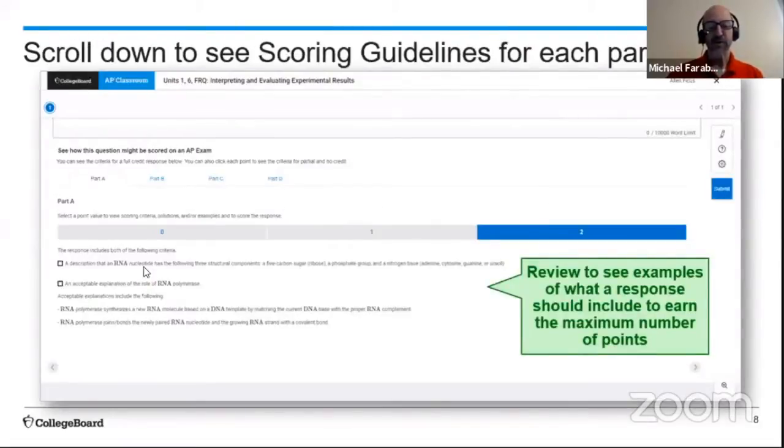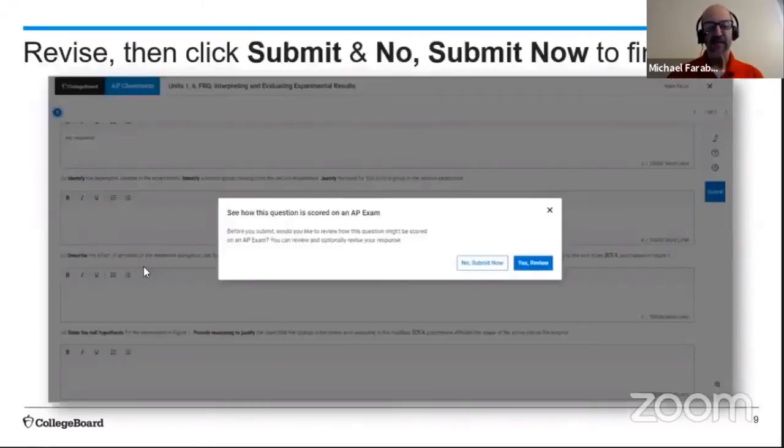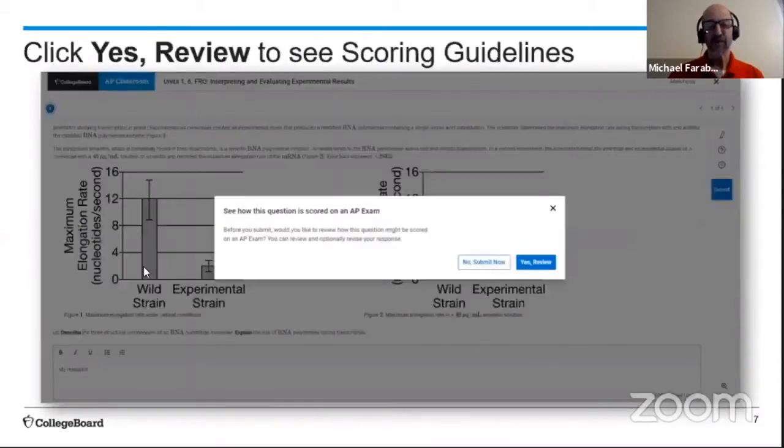Now, once you look through the scoring guidelines, then you can decide to modify your answer. And then when you click submit, you would say, okay, I've already reviewed, click submit, and then no, submit now. And then your teacher will have access to that question you submitted. So again, those are good practice problems.